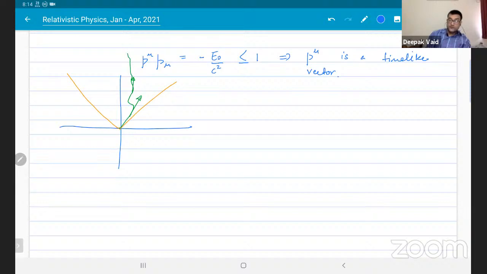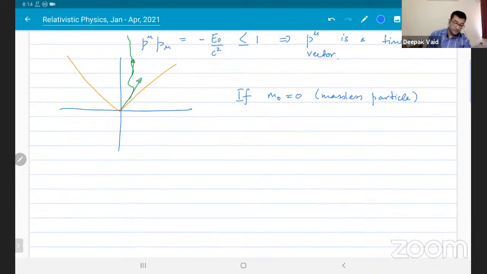But what if the rest mass of the particle is 0? So you have a massless particle, right? And what sort of objects are described by massless particles? Anybody? Photons. Right.